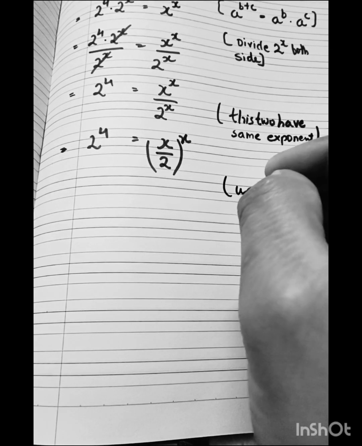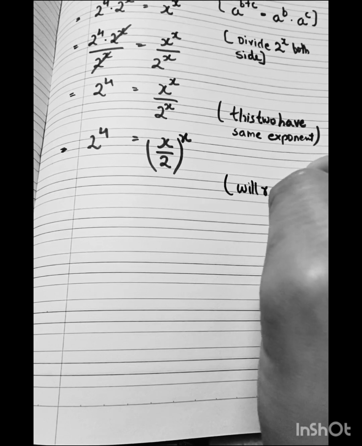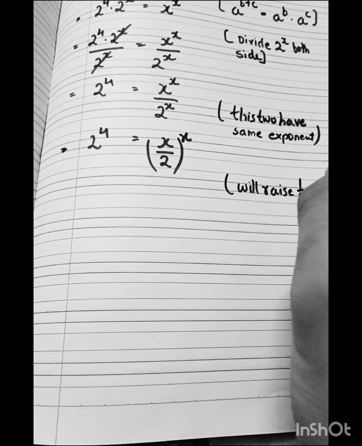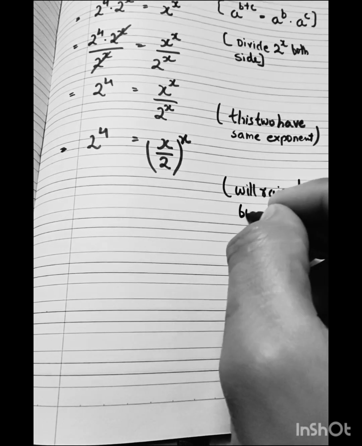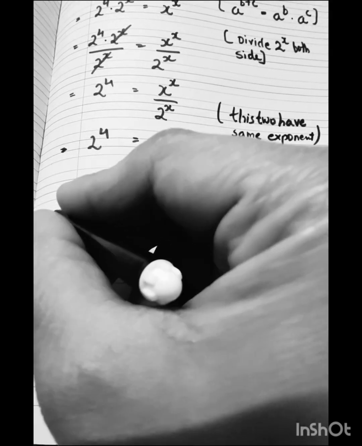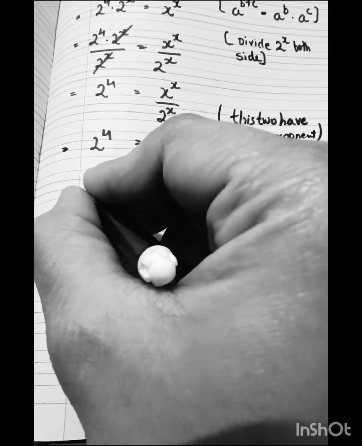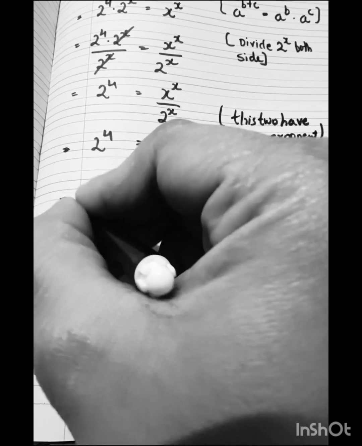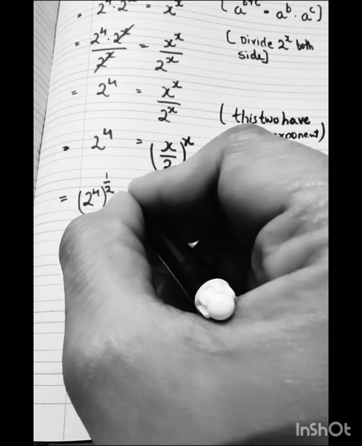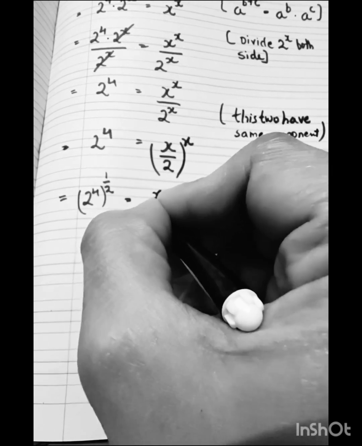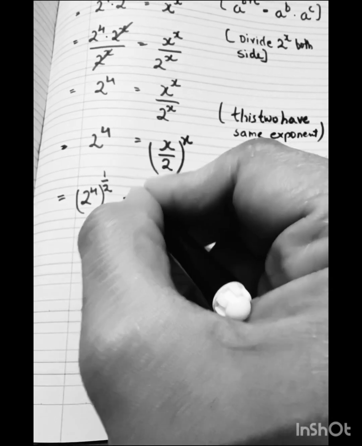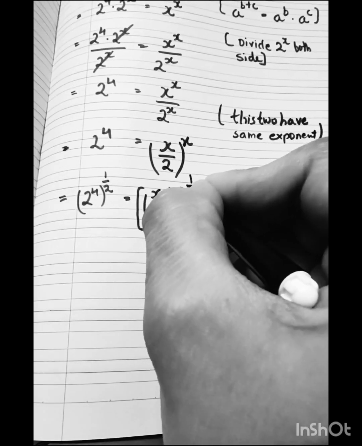So we will get 2 to the power of 4 bracket 1 by 2 equals x upon 2 to the power of x whole bracket 1 by 2.